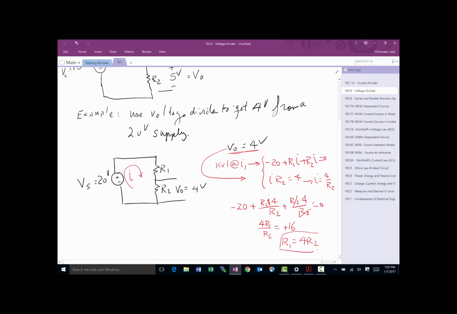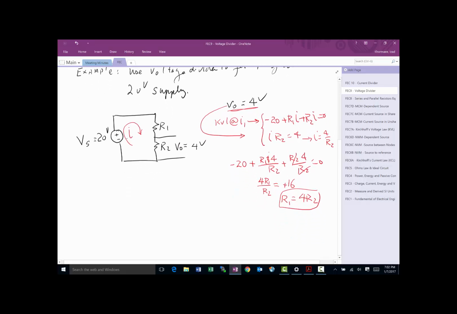If I satisfy this relationship, I will get 4 volts out there, which means if the current is 1 amp, I will have 4 volts here and 1 volt here. So that's interesting.